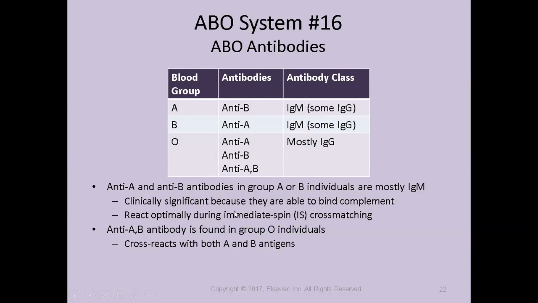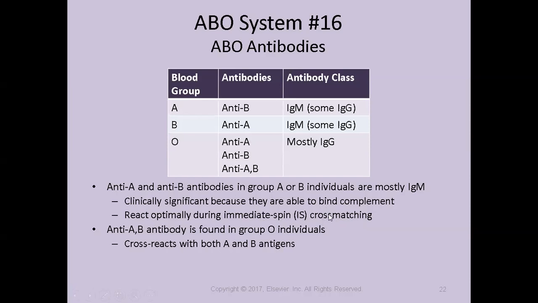IgM antibodies are clinically significant because, think back to module 1, they are very readily able to bind complement. They react optimally at immediate spin testing in cross-matching. And cross-matching is a test where we take donor red blood cells and combine them with the recipient's plasma to see basically if they're compatible.